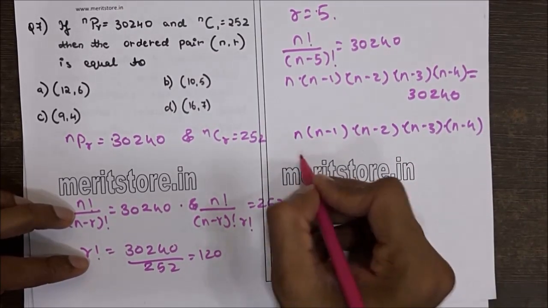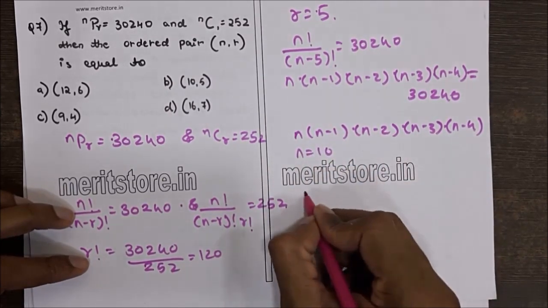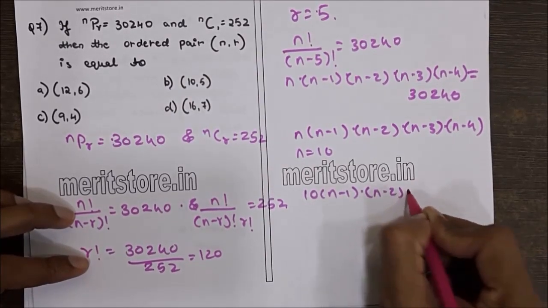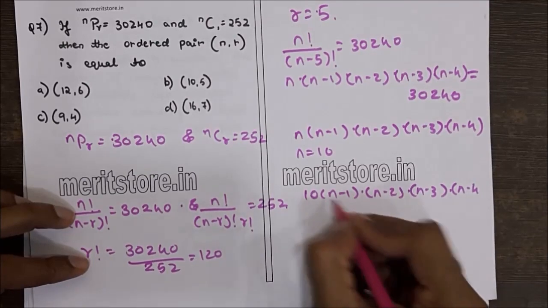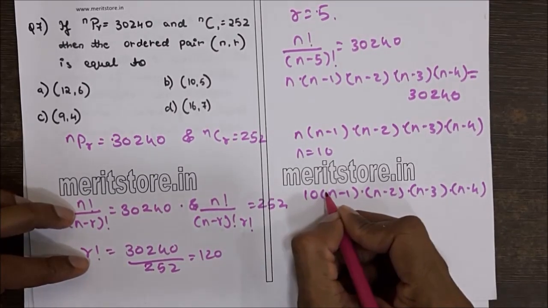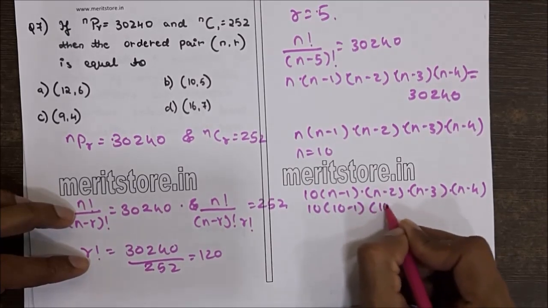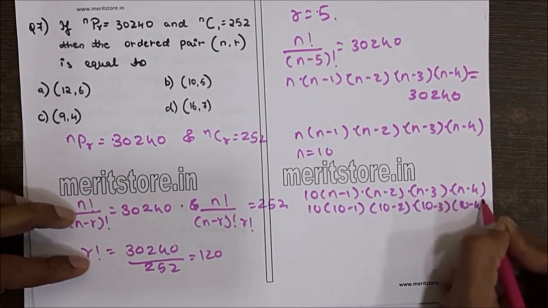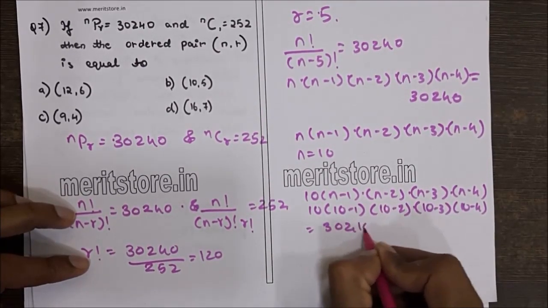We see that n equal to 10 can be substituted in this, and we can write it as 10, 10 minus 1, 10 minus 2, 10 minus 3, 10 minus 4, which we get as 30240.